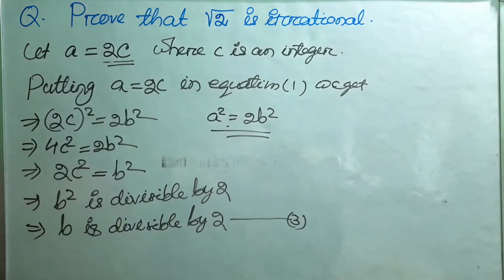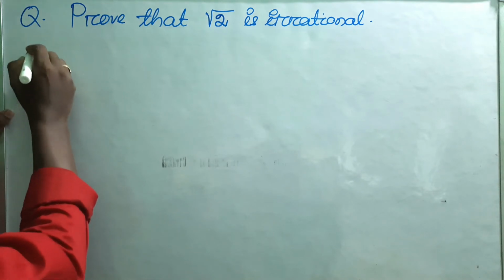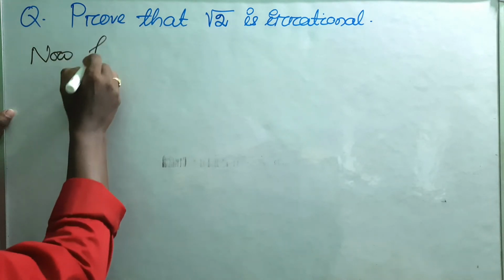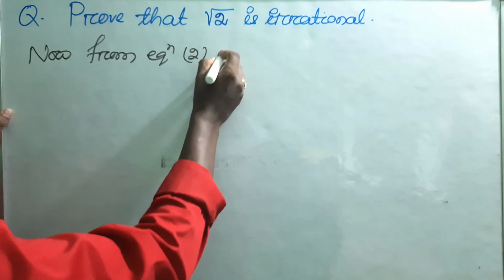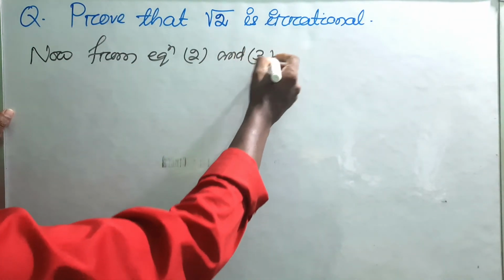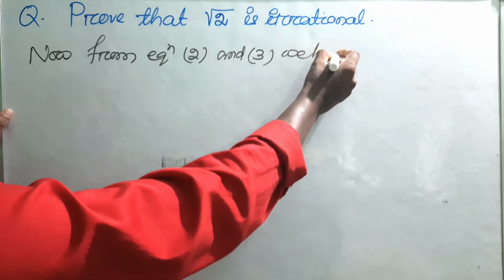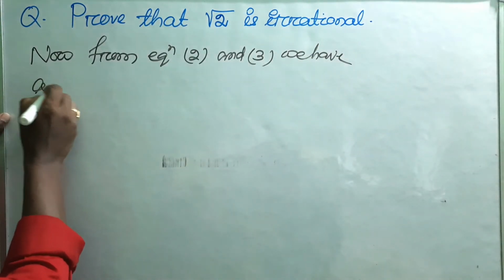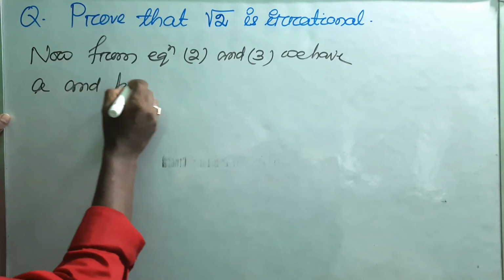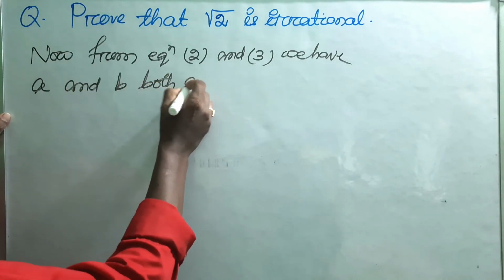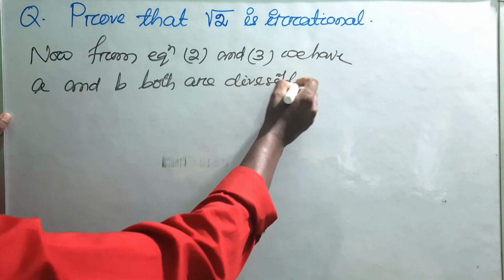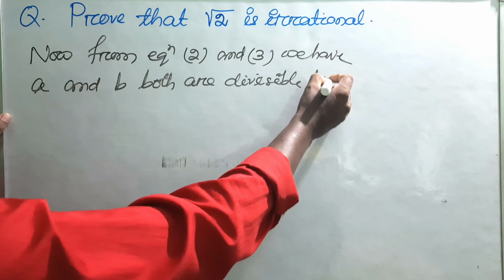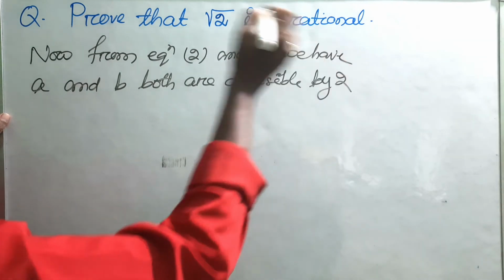Now we will write the next steps. Let me erase this one first. Now from equation 2 and 3, we have a and b both divisible by 2.